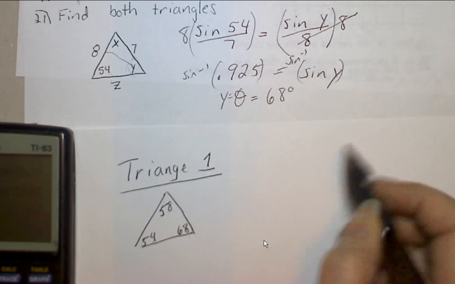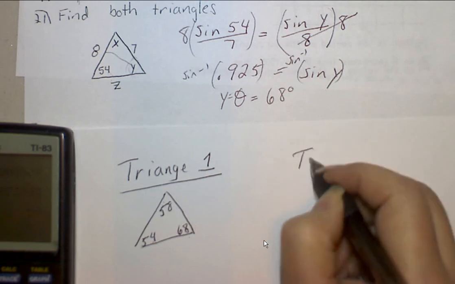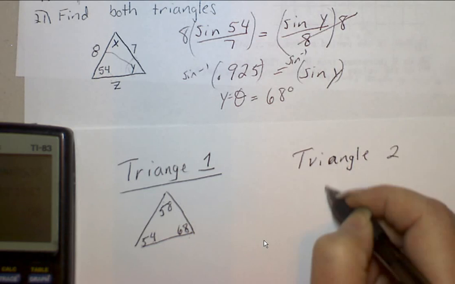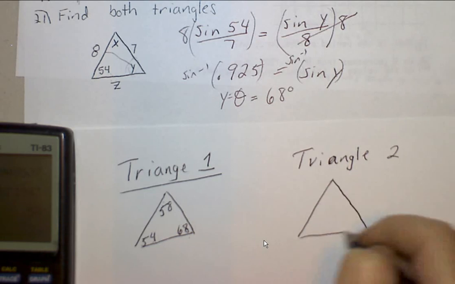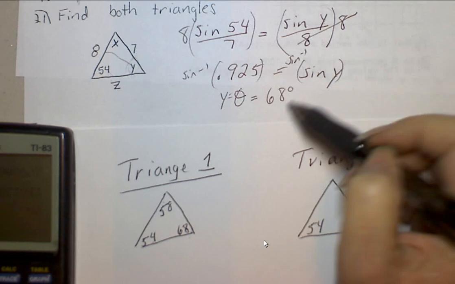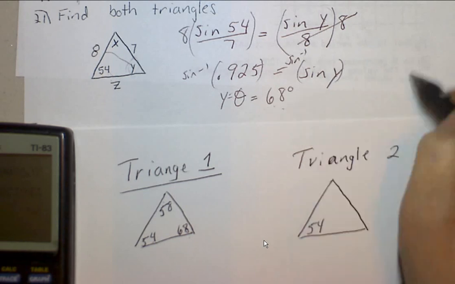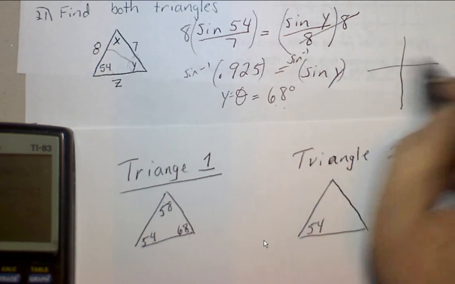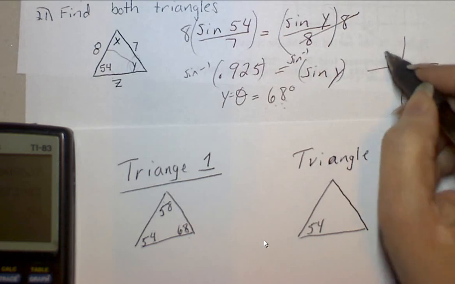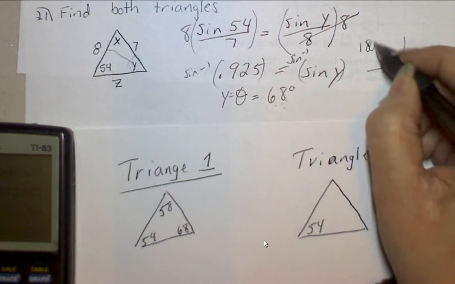Now triangle 2. We have this 54, but it could have been 68, or where else is sine positive? Sine is also positive here. So I have 180 minus my 68.